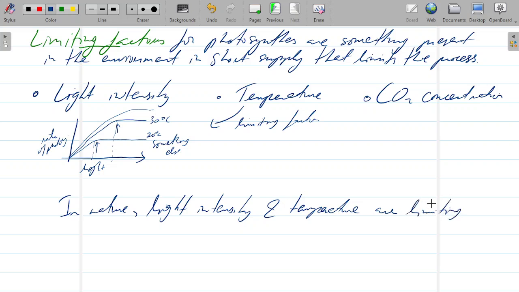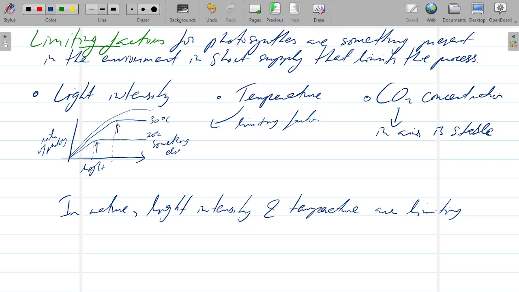Why not carbon dioxide? Because the concentration of carbon dioxide in air is stable, so it doesn't change. That's not something you can increase in the open environment.